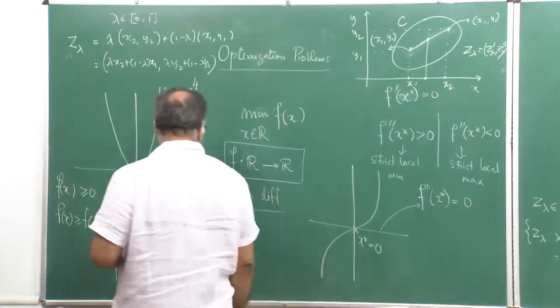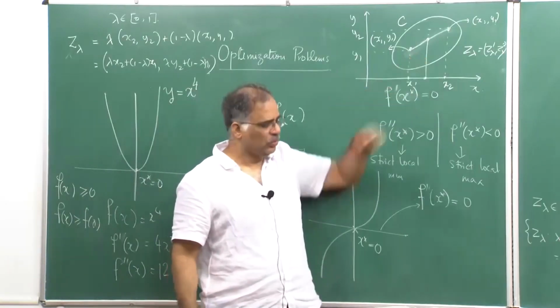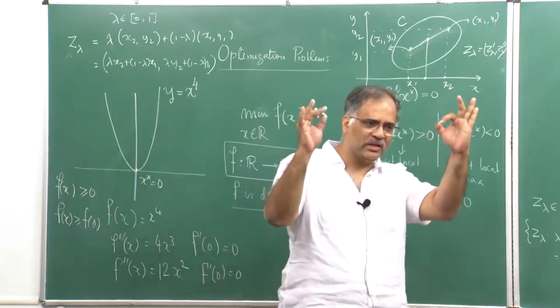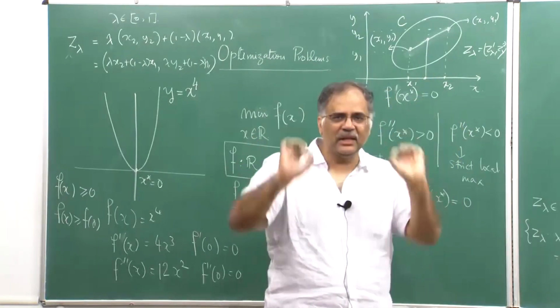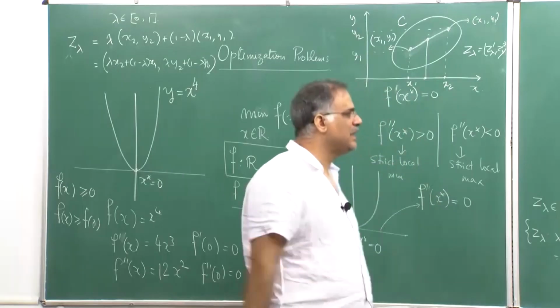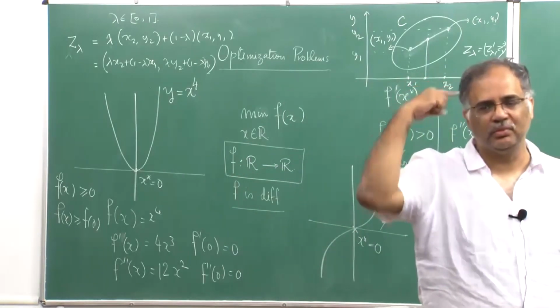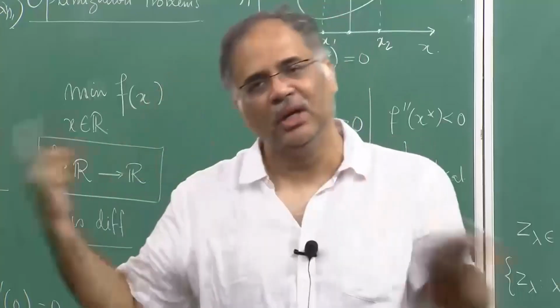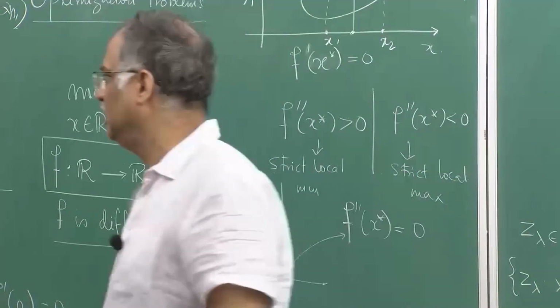So a convex set is a set where if you take any 2 points and join them by a line segment, then the whole line segment lies in this set. The human body is not a convex set, because if I take a point here on my head and a point on my shoulder and join them, you see the whole line segment except these 2 points is outside my body.